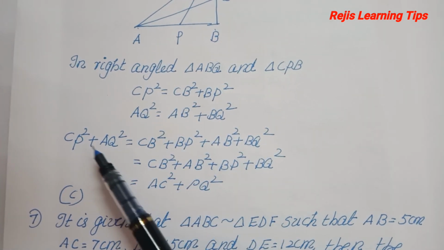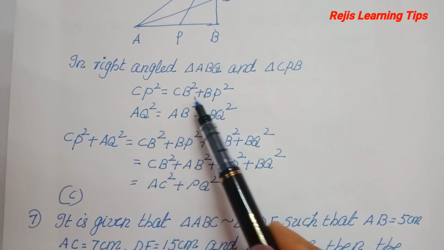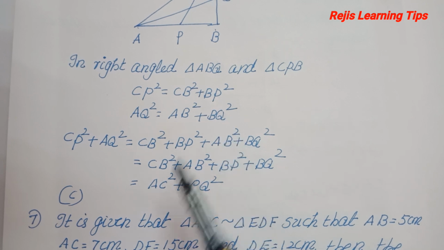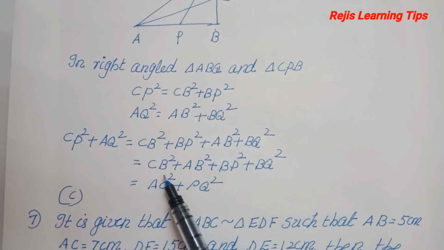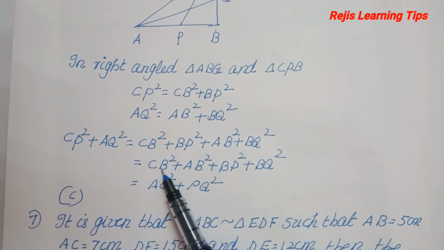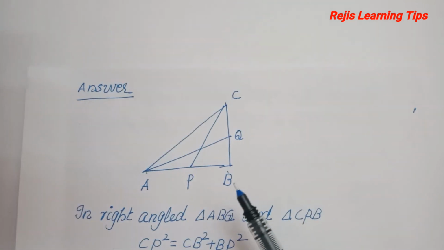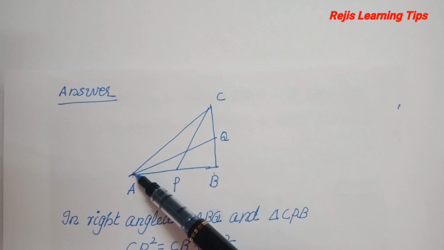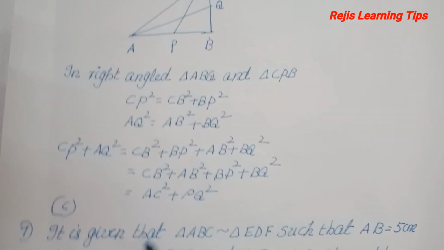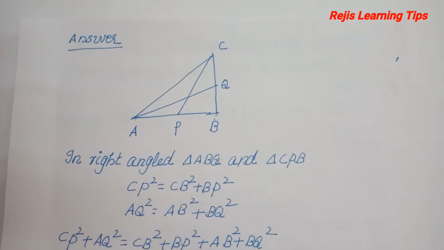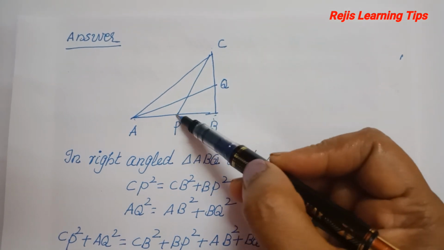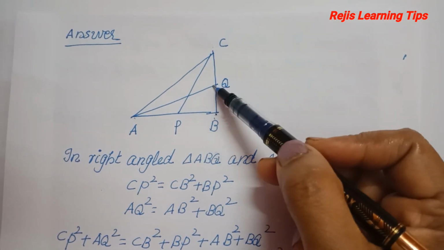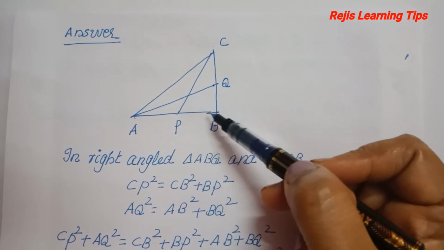Then CP square plus AQ square is equal to CB square plus BP square plus AB square plus BQ square. Then CB square plus AB square gives AC square. So we can write AC square plus BP square plus BQ square.